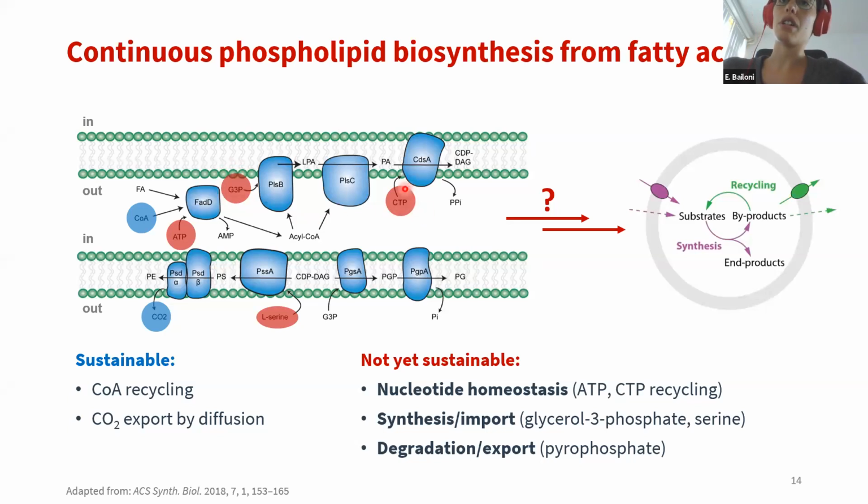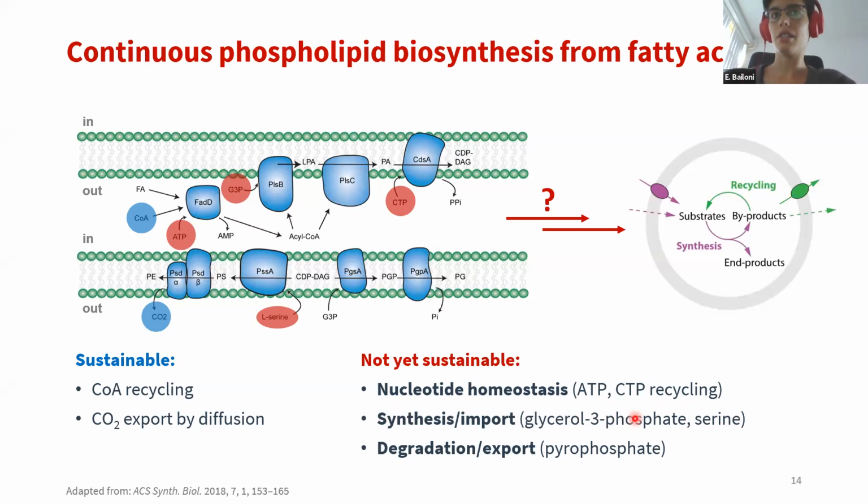And the same goes for CTP. So really my talk today will be about how we tried and achieved nucleotide homeostasis, namely ATP and CTP recycling. And then how we also tackled the synthesis of glycerol 3-phosphate.